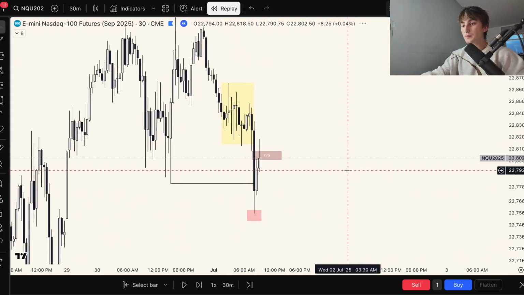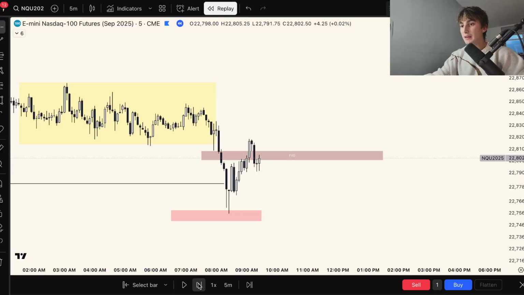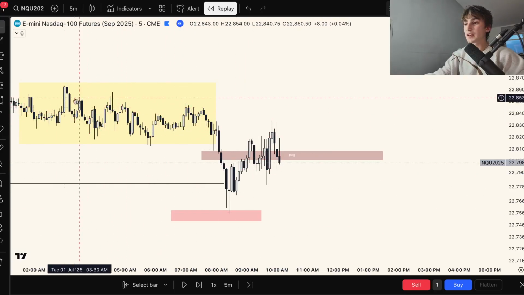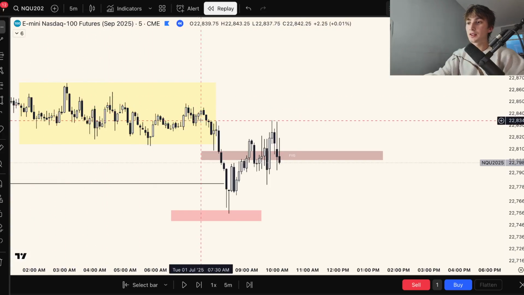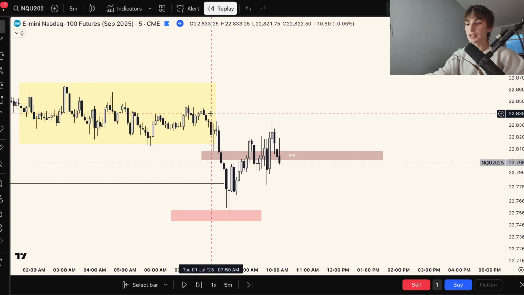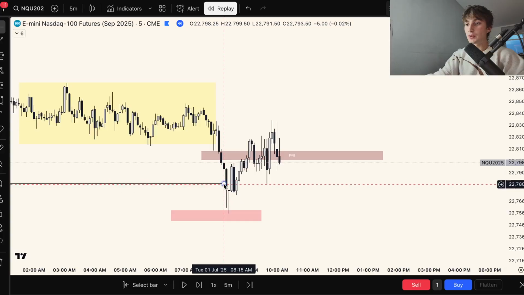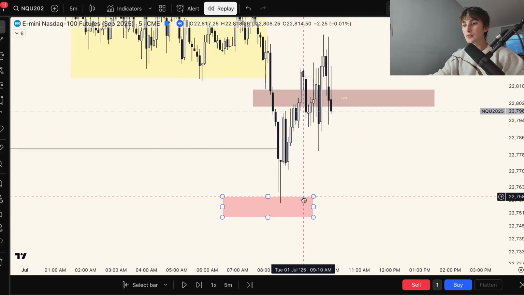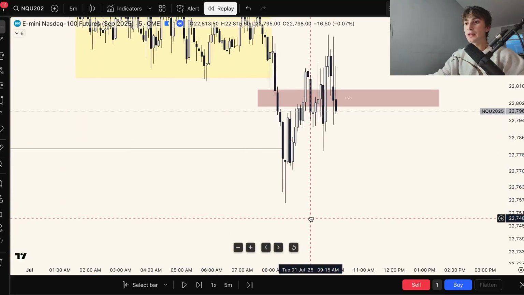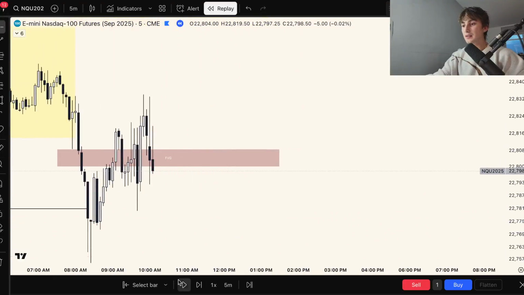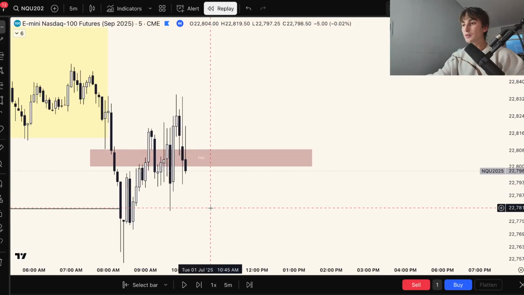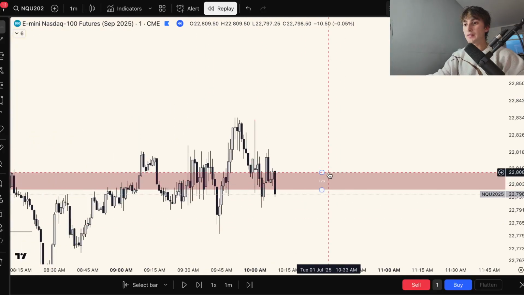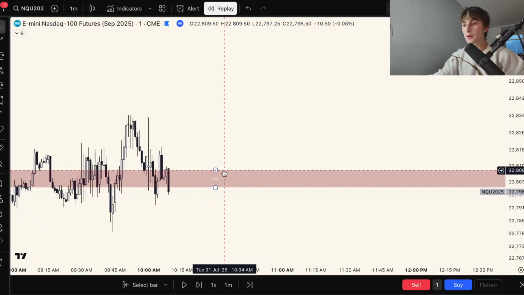So if we go back here now, this is on the lower time frame, so it looks a bit more choppy, but this is all that chop from London session to like 7 a.m., 8 a.m. We manipulate lower, we sweep out that significant sell side, and we trade into that hourly bullish fair value gap. And now, I want to look for that PDI on the lower time frame because we have the higher time frame confirmation that we want to run higher.